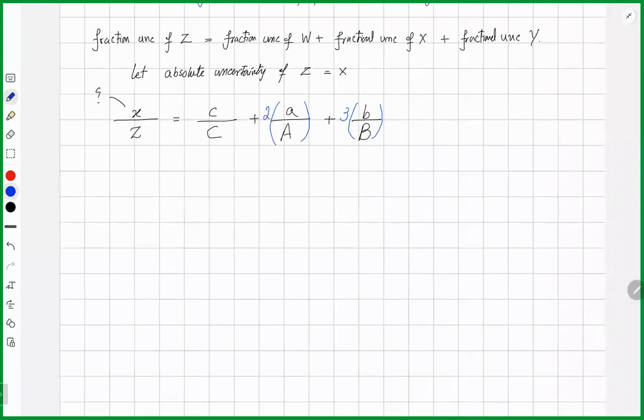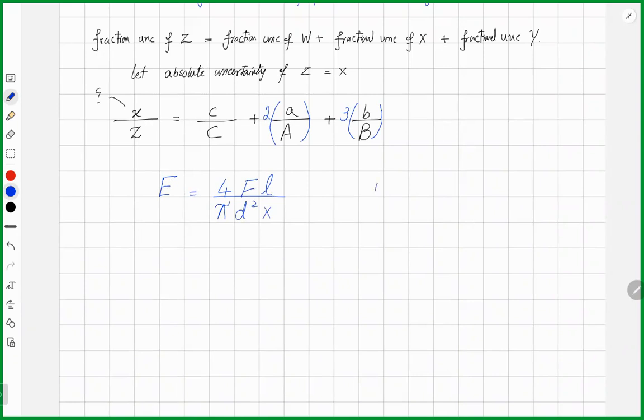And this is Young's modulus, E equals 4FL over pi d square x.